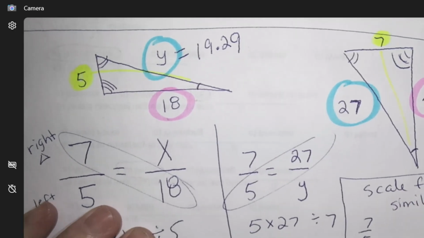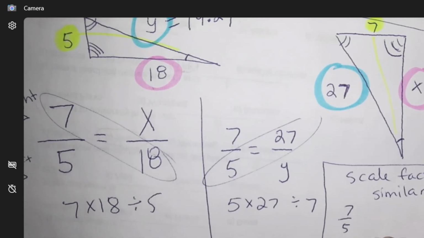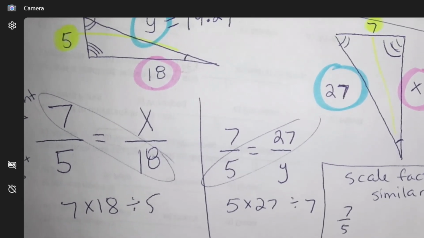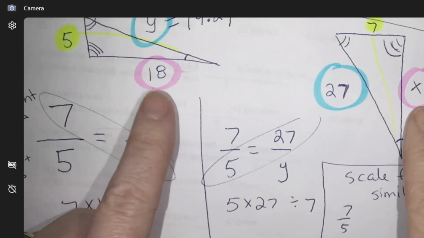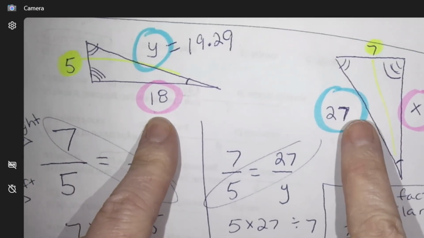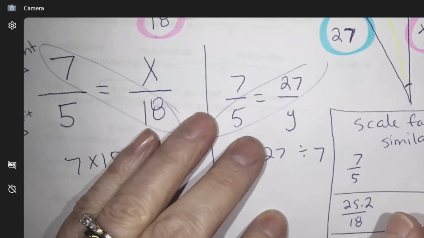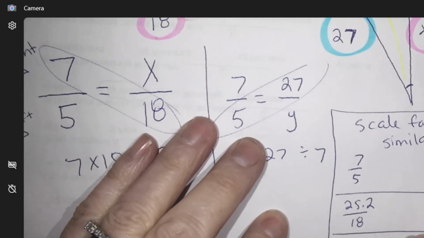So 7 to 5 was the first matchup. We've had another matchup now, which would be 25.2 to 18. And we've had the other matchup, which is 27 to 19.29.